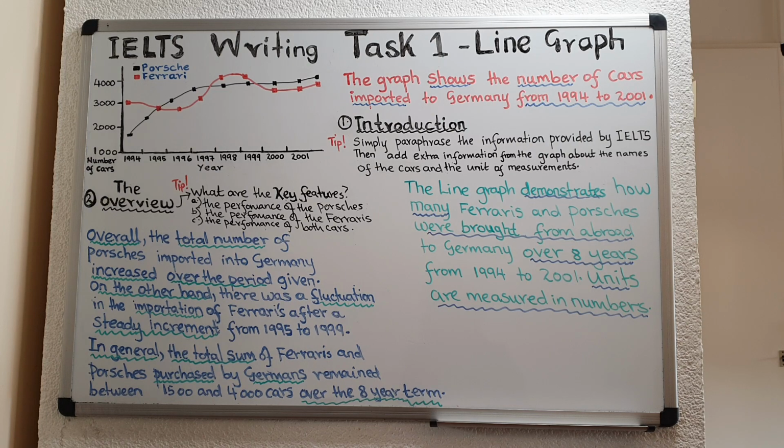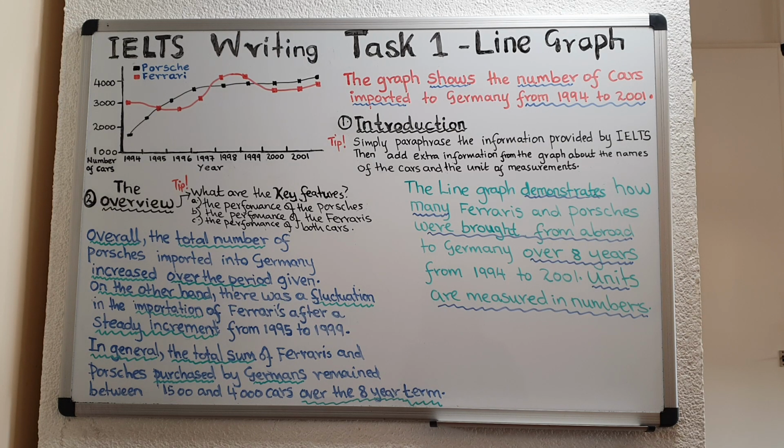Like, for example, I talked about the total number of, but later on I said the total sum of. Now, those two phrases mean the same, to avoid repeating yourself. Also, you notice that I talked about over the period given at the beginning, but at the end I talked about over the 8-year term.